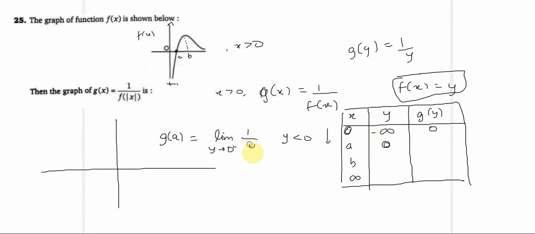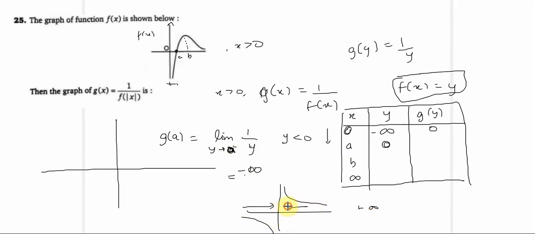So this is 1 by y. Okay, did I make a mistake? It's 0 minus, sorry. So this is minus infinity, not positive infinity. If you observe, this is 1 by x. If you approach on the left side, you will get the limit to be minus infinity.